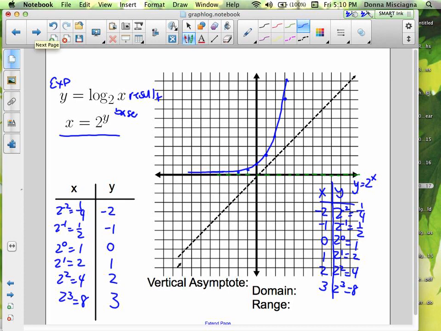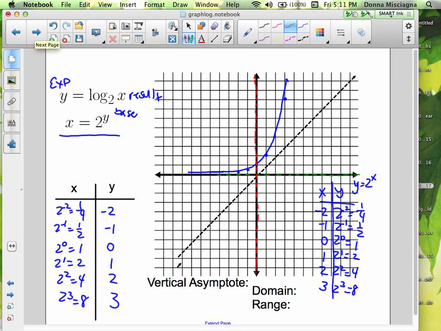All right, so now we're going to be graphing the points 1/4, negative 2; 1/2, negative 1; and so forth. So notice the x's and y's are switched. This graph has a vertical asymptote. And let's graph our points.